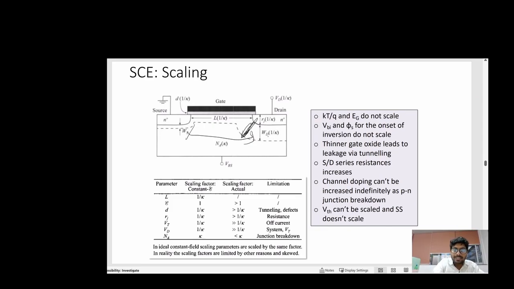This depletion width WD. Okay, if you have shrunk this channel length to this much, then this depletion region will be that much only. It will be of equal thickness, right? L thickness. So your device will be on without any effect of the gate. Okay. The same thing we will come to next, but I am just telling you.